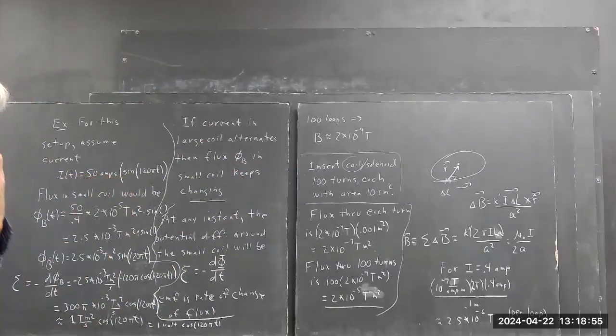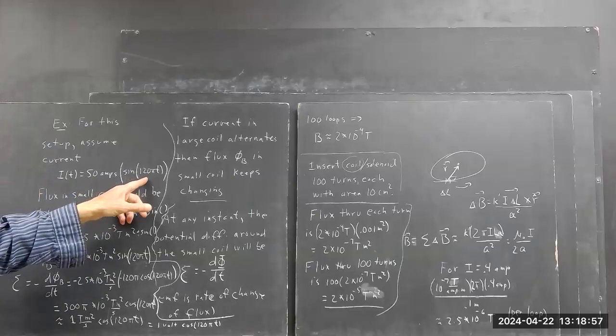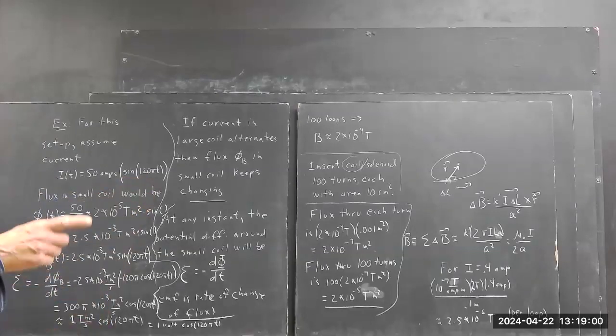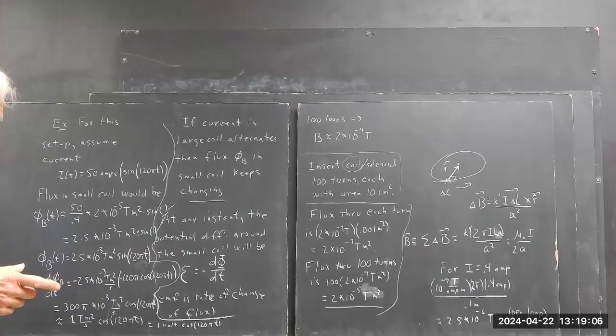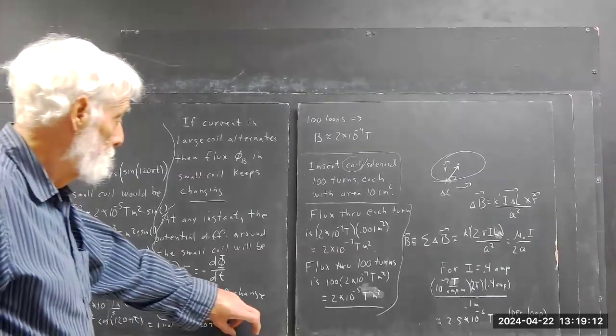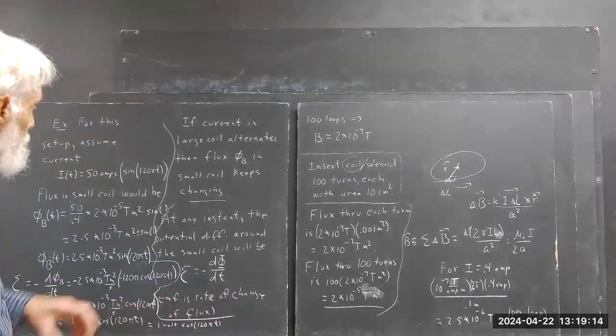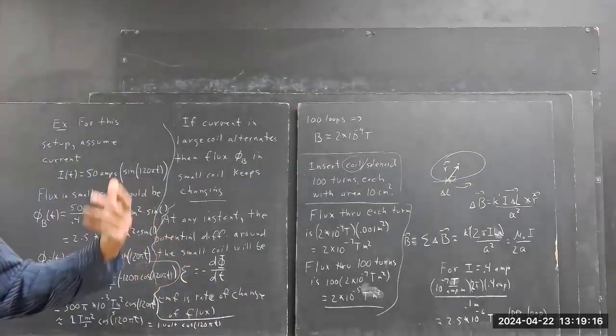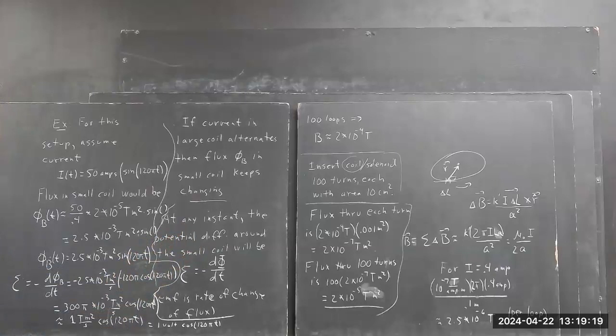So the 120 pi t just comes from the conventional rate at which the coil essentially rotates. All right. And we keep it at 120 pi because our devices are wedded to the 120 pi.